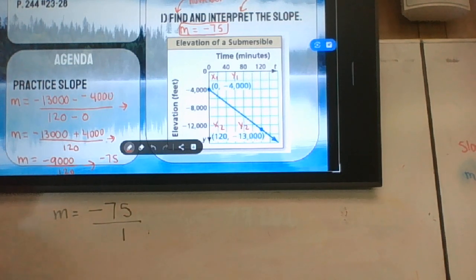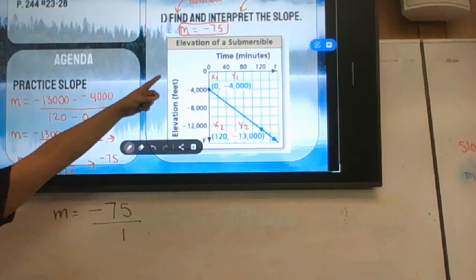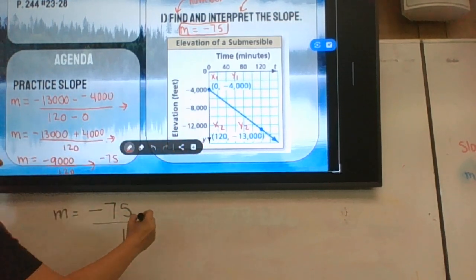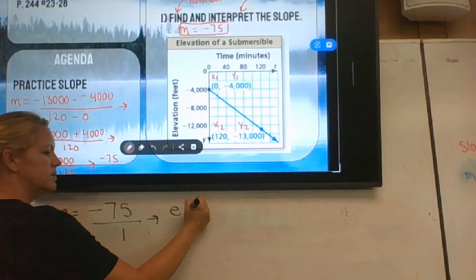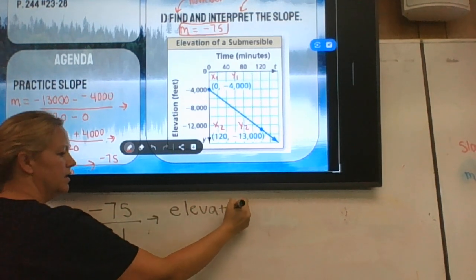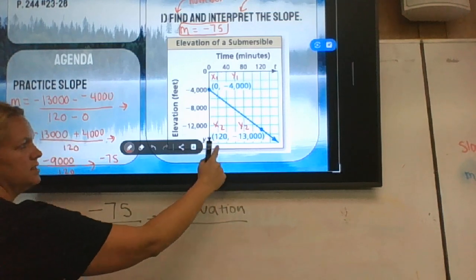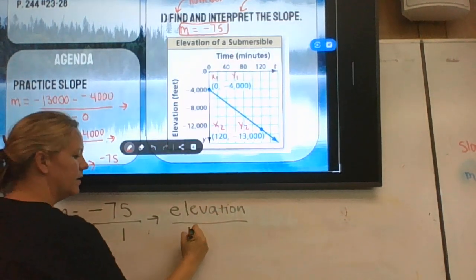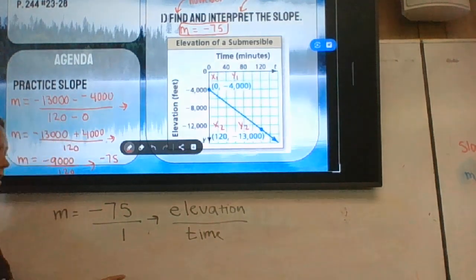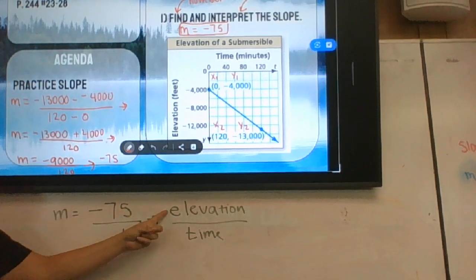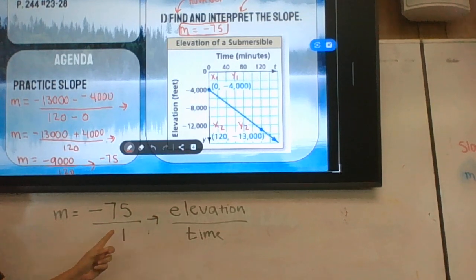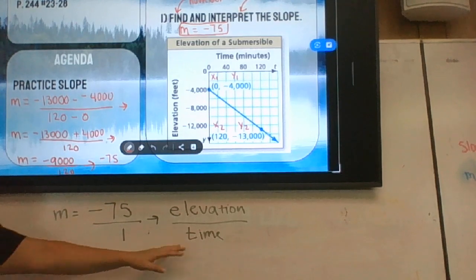We could look at it as negative 75 over 1. So the y-axis represents elevation, so if I wanted to apply words here, I could write elevation. And the x-axis is time. Writing the fraction like that is really helpful to making it a sentence with words. So this negative 75 represents elevation, and the 1 that you could leave underneath it, sometimes I put it there and sometimes I don't, represents time.